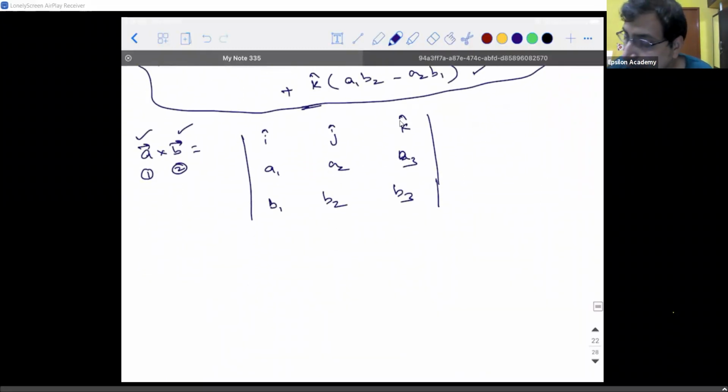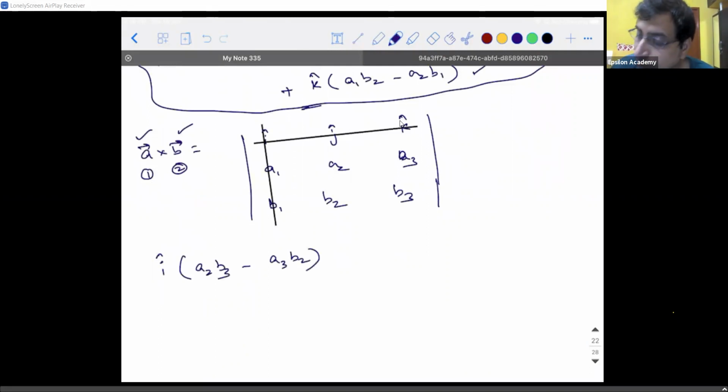Then what are we supposed to do? i cap multiplied with, you're supposed to hide the corresponding row and corresponding column. Then you should start cross multiplying A2, B3, A3, B2 with a minus sign in between them. Then what will happen? Minus j cap.